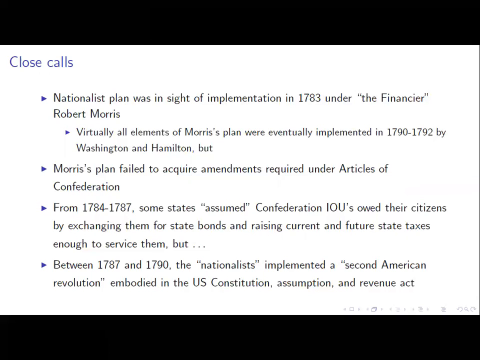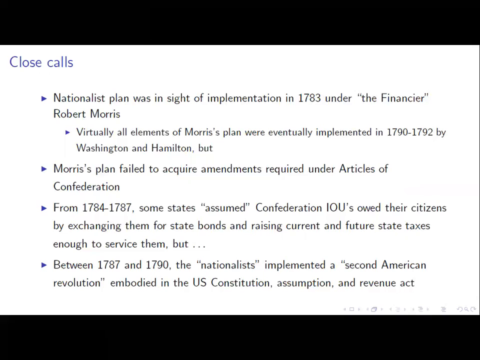Then in the intervening years, states start to assume Confederation IOUs, and they start exchanging them for state bonds and raising current and future taxes enough to service them. Robert Morris does everything in his power to try to stop this, but he only has limited authority.